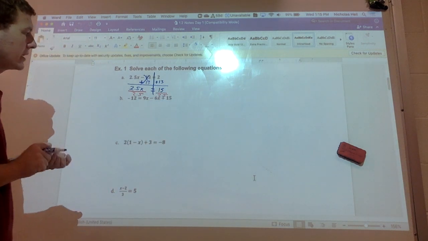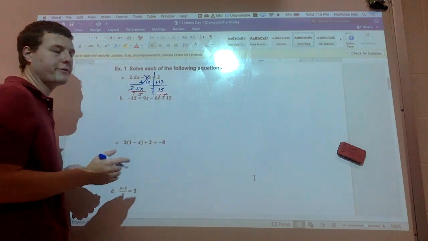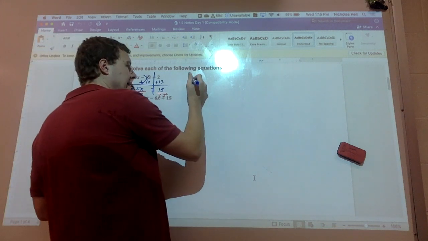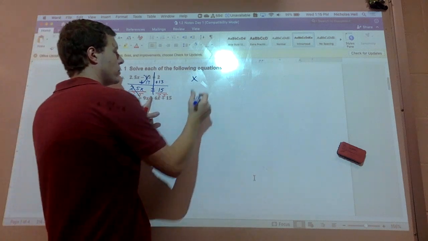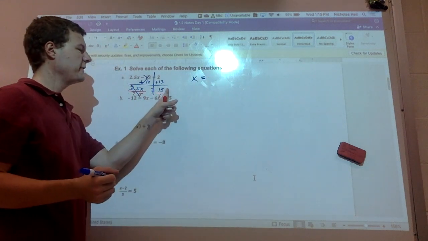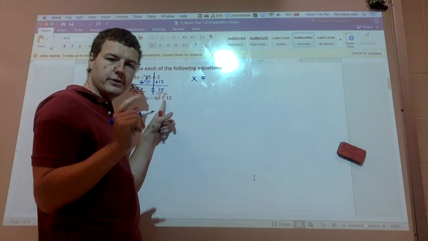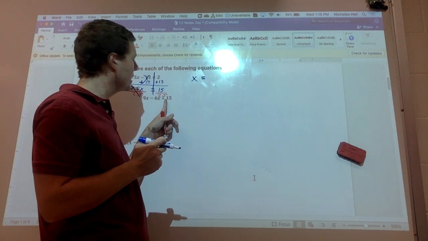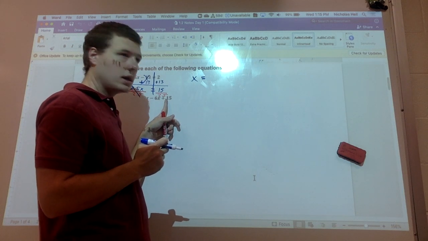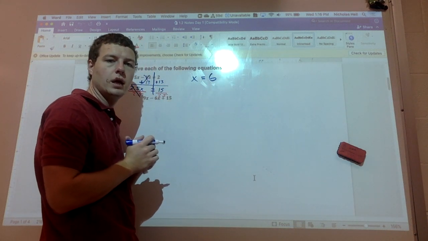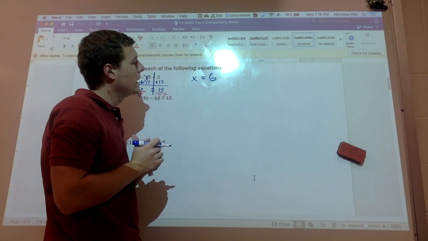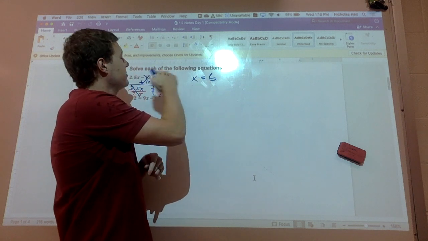Now, if I divide 2.5 divided by 2.5, that cancels and gives me 1x, because x is still there, equals 15 divided by 2.5. Do that in your calculator really quick. Let me think. You should get 6. So, if you don't believe me, take this, plug it back in.